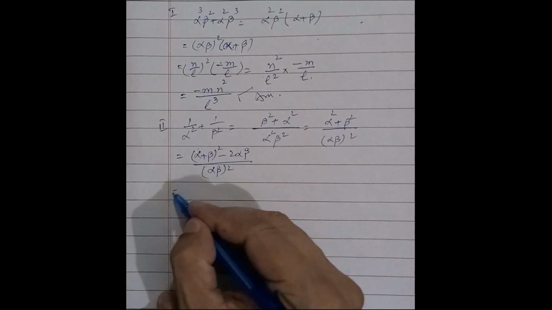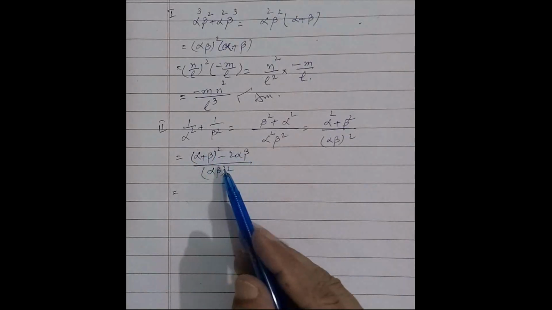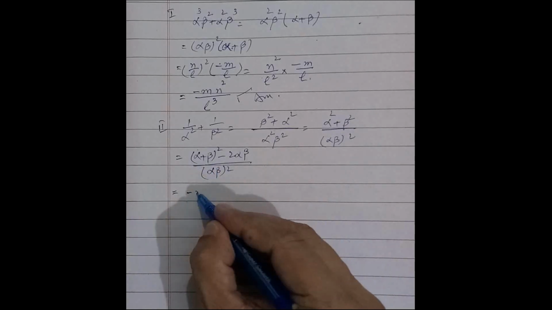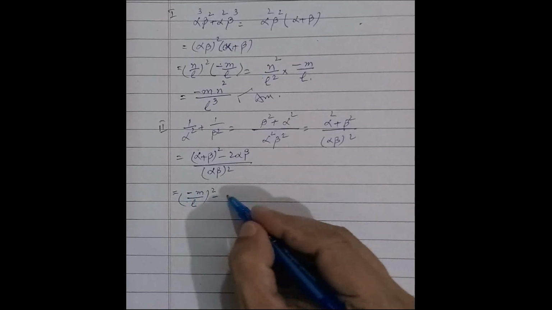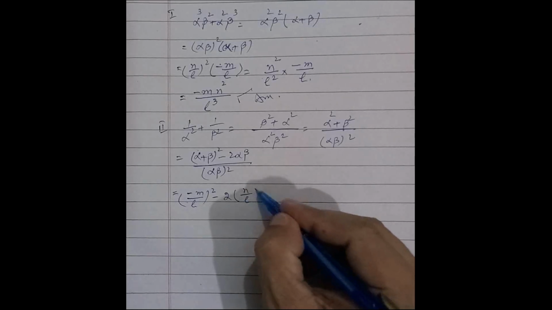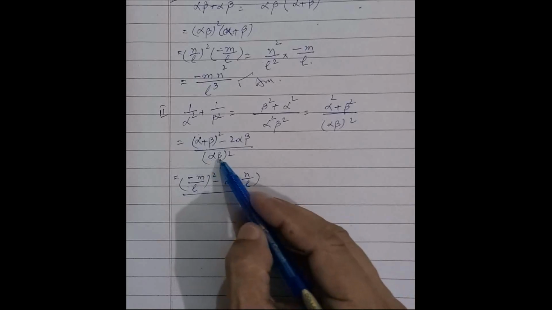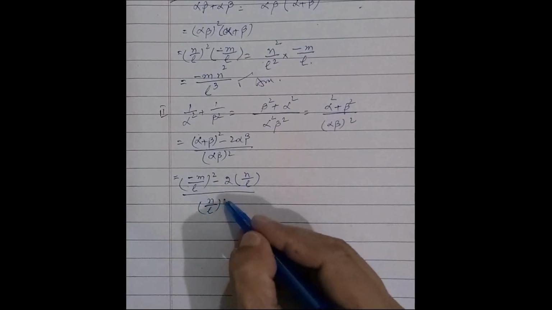Finally we put the values of alpha plus beta and alpha beta: alpha plus beta is minus m over L whole square minus 2 into alpha beta, which is n over L, and alpha beta whole square is n over L whole square.